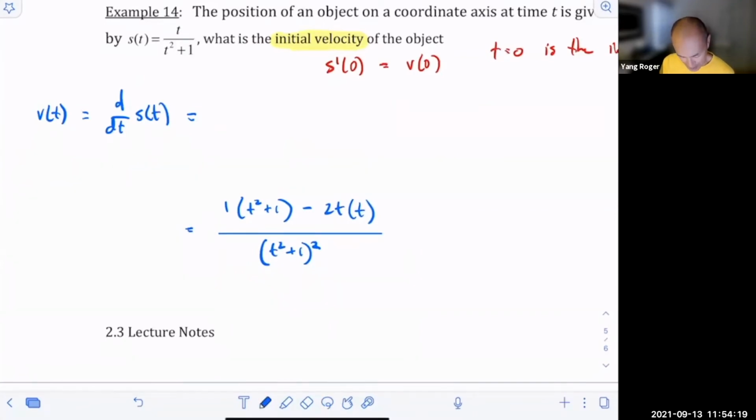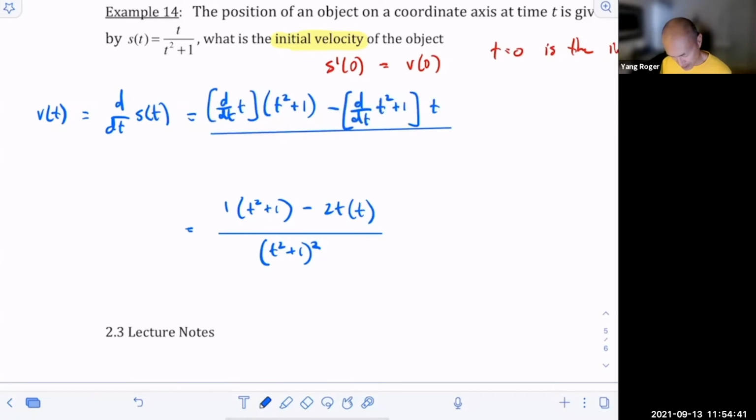So what you got to do is take the derivative of the first thing times the second thing, minus the derivative of the second thing times the first thing, all divided by the bottom squared.